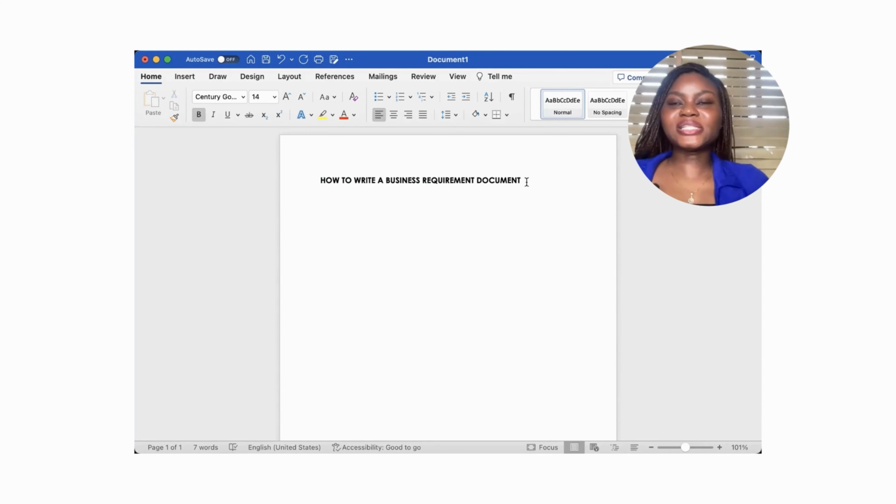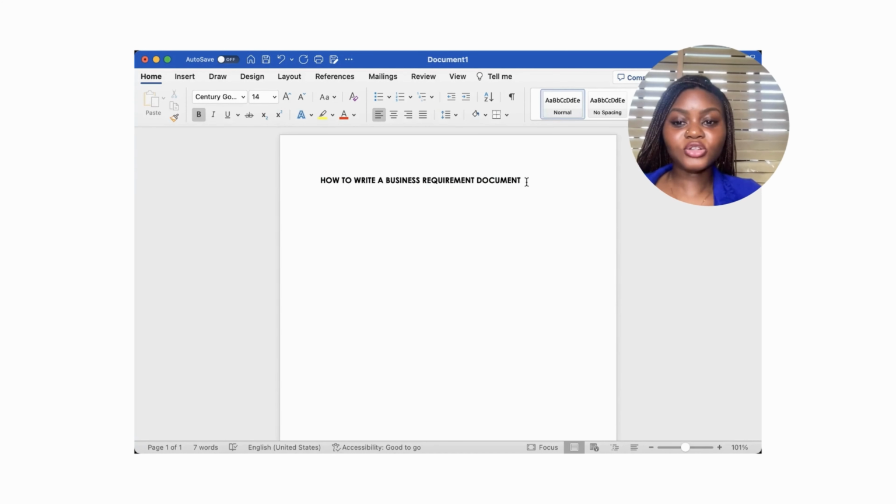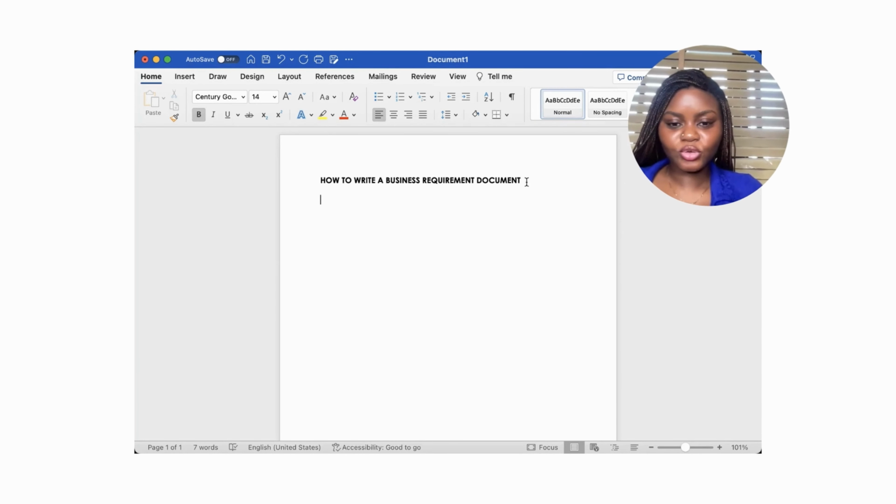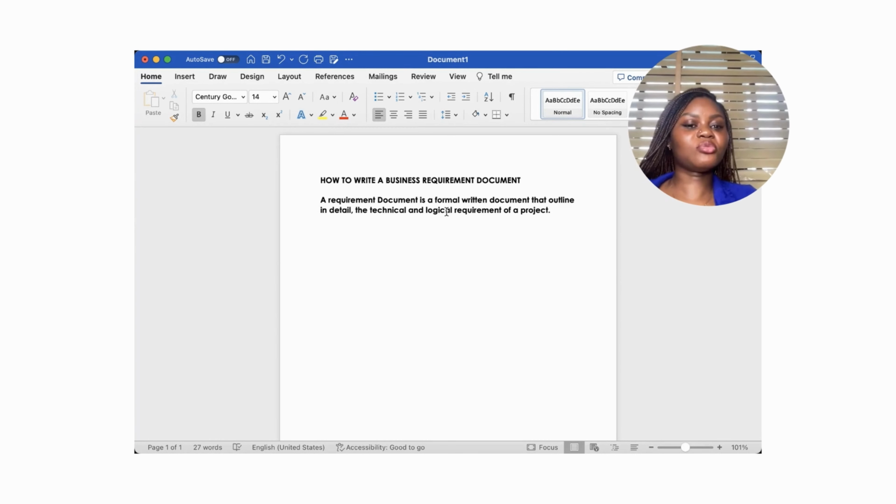For somebody that has never heard of business requirement documents before, you may be wondering what a requirement document is. A requirement document is a formal written document that outlines in detail the technical and logical requirements of a project.